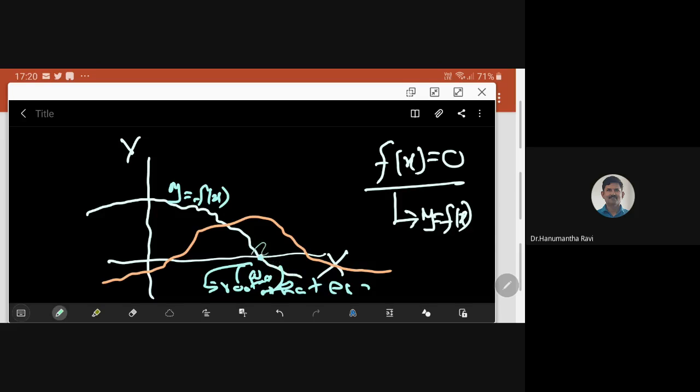So we can say that a change in sign is noticed at the point a. If you consider this as our y is equal to f of x graph, then you have two things, this is one and this is another one. So there are two roots here.